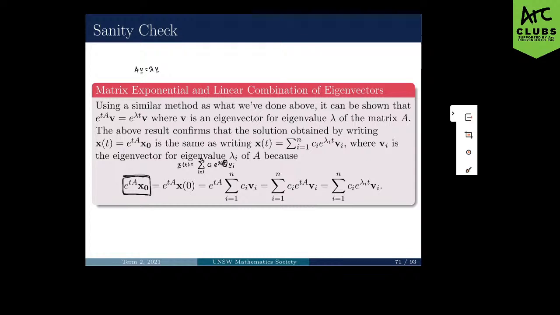If t is 0, then we just get this thing here. And just putting the e to the power of tA into the summation, this is what we get. And from our previous result, we can replace this with this. And this is the first solution that we got.